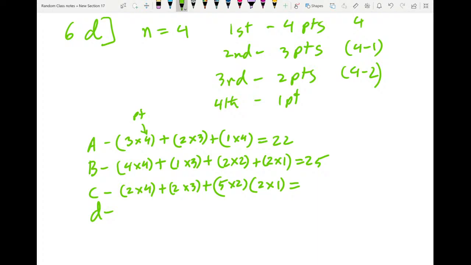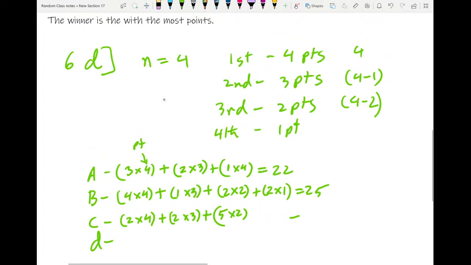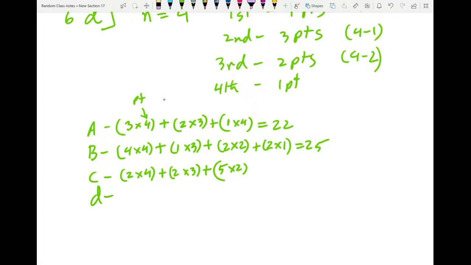Sorry, I'm looking at C. Okay, I don't need to do that. There's no vote there. So let's add that. 2 times 4 plus 5 times 3 plus 2 times 2, which is 24. Okay, C got 24. Okay, what about D?